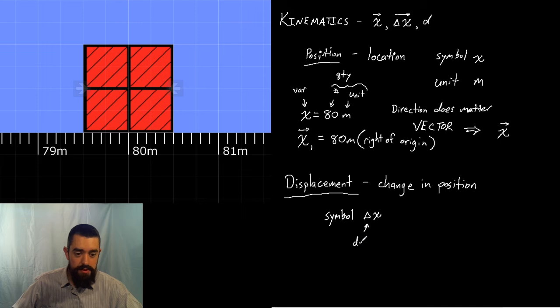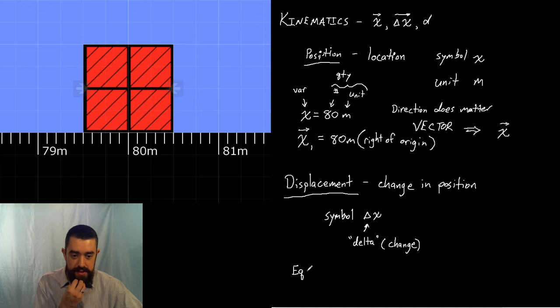This symbol is called delta. Looks like a triangle. It's called delta. What does delta mean? It means change. So if we have delta x, that means a change in the variable x. And that means something for math as well. So we can write an equation for it.